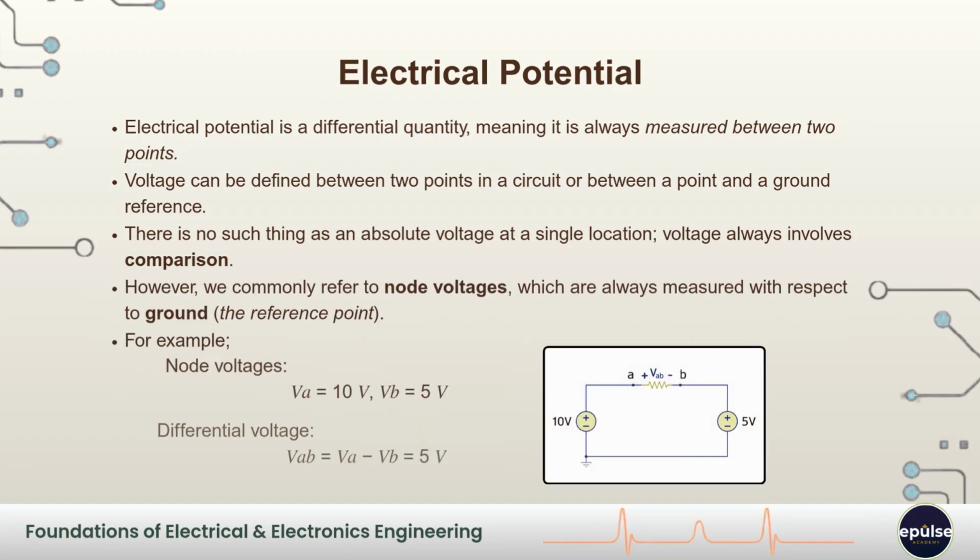However, in circuit analysis, we usually measure voltage with respect to a reference point called ground. For example, the node voltage at point A with respect to ground equals 10 volts and at point B equals 5 volts, and the voltage between point A and B, which we call VAB, is voltage at point A minus voltage at point B, which gives us 5 volts.